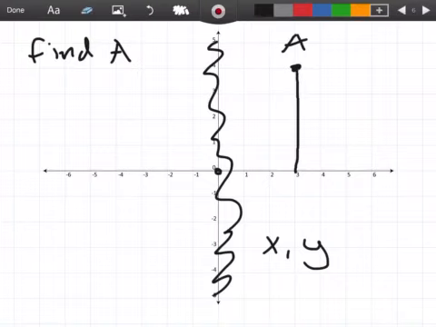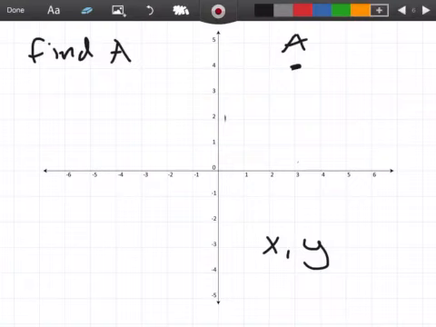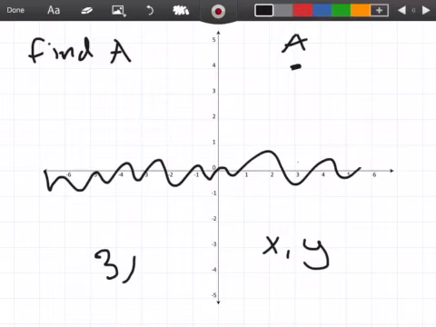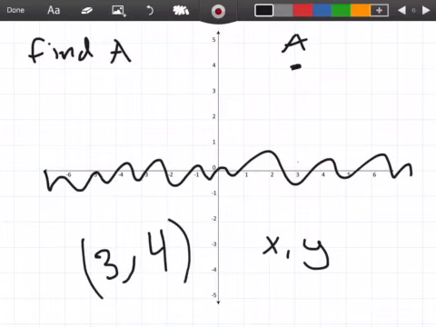If you connect the line, it goes to 3. But now, let's scribble out that. So now we know that x equals 3. Now let's scribble out the x-axis. Let's see how high it is. It's at 4. So A is 3, 4.